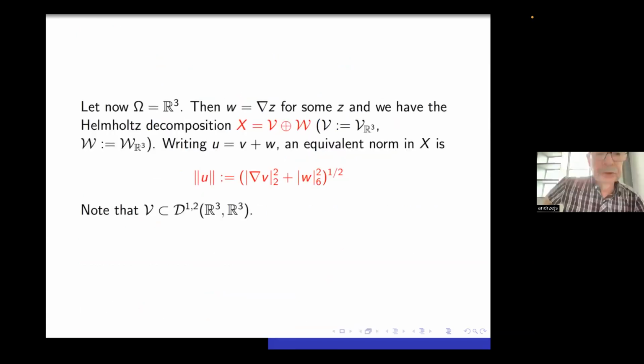So now for the moment, I want omega to be equal to R3. Then we have w is a gradient of z, and X is the sum of these two parts. And the norm of u is the L2 norm squared of the gradient of v plus the L6 norm squared of w. And what is important here is that W is a subspace of D^{1,2}.